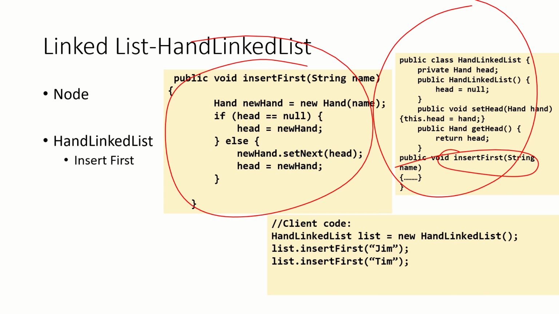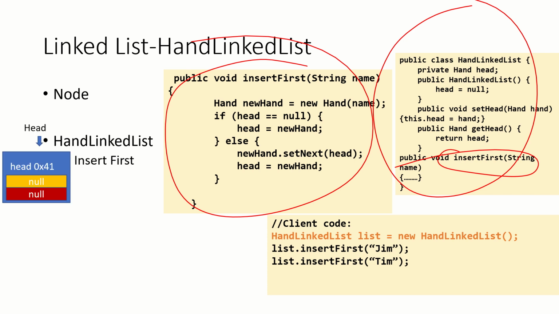Right? Okay. The first step, I create a list there, right? Create a linked list. Once we create a linked list, what do we have? We would have a head, right?